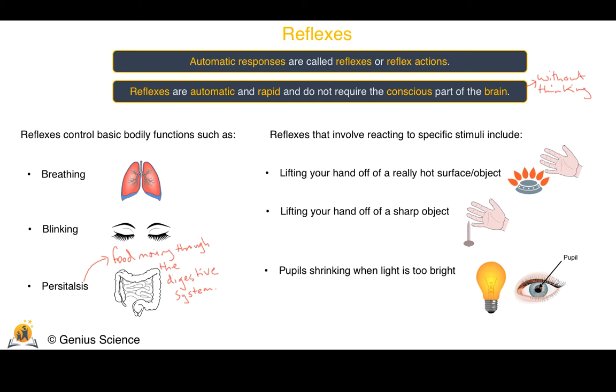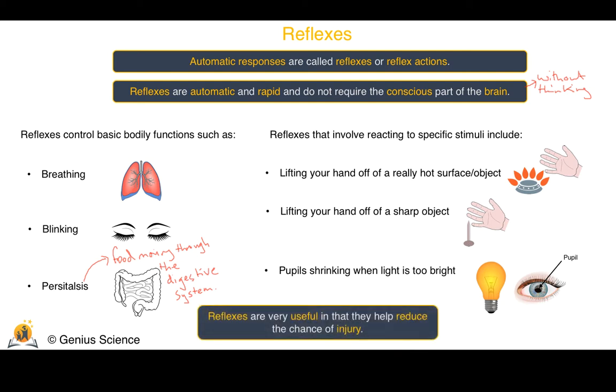We can therefore say that reflexes are very useful in that they help reduce the chance of injury. So then without reflexes we'd be more likely to burn ourselves, cut ourselves, or in the case of our last example there, damage our eyes due to excess light.